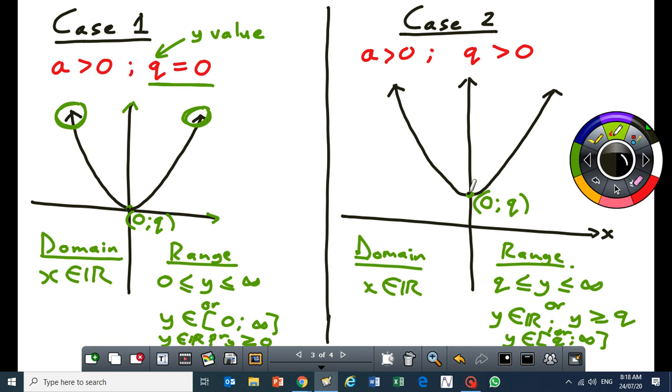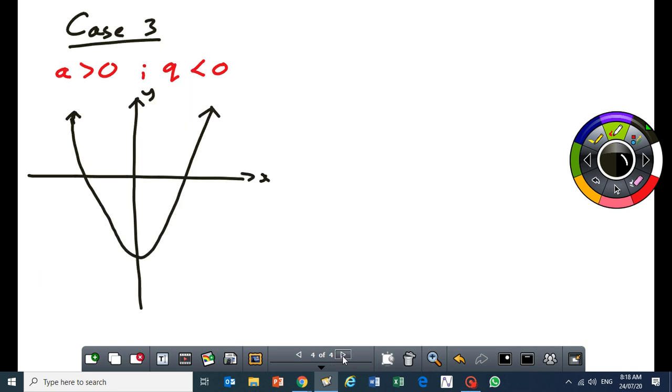The x-intercept can be undefined, like in case 2, because the graph itself is not touching the x-axis. So case 2, there is no x-intercept. Now case 3, we have 2 x-intercepts. There and there. Those are the x-intercepts.